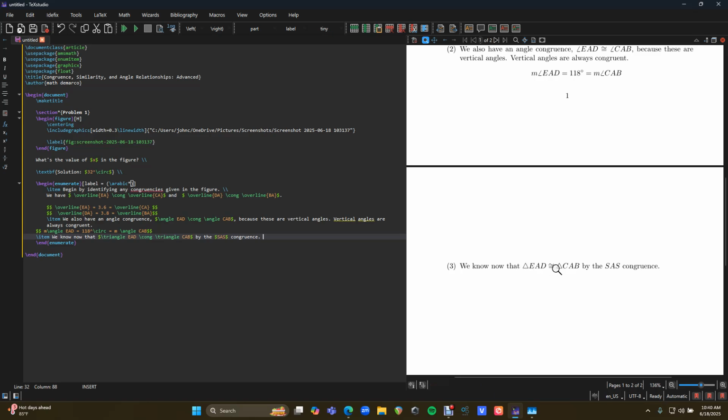We now know that this triangle is congruent to this triangle. That seems fine. Okay, next item.